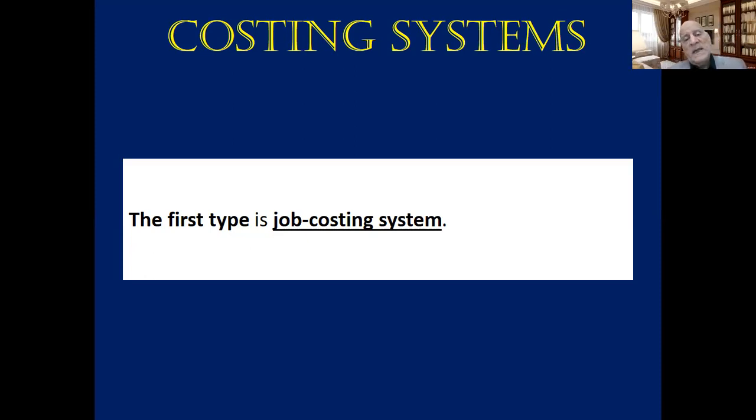In order to determine the cost of any job order, we cannot divide the total manufacturing costs by the number of jobs, because, as I mentioned, each job uses different amounts of resources.